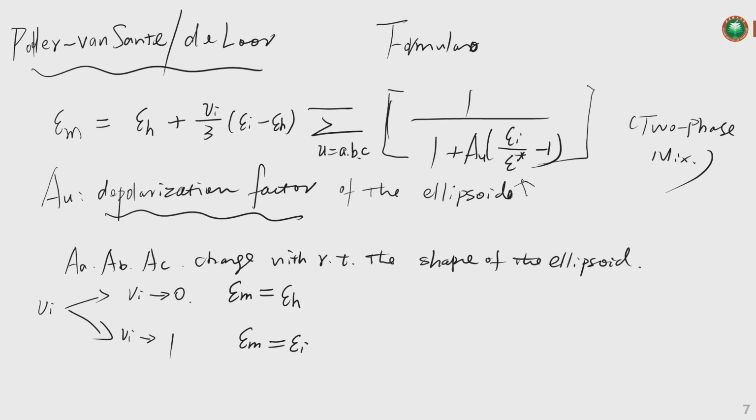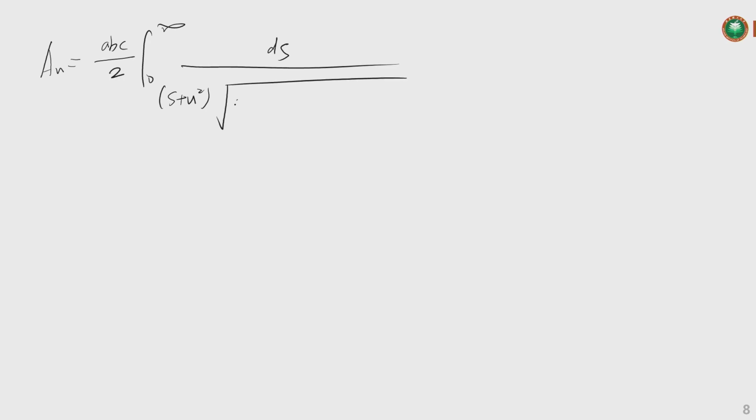So now let's come back to the depolarization factor. There is a general expression for it. It can be expressed as ABC over 2, the integration from 0 to infinity of ds over (s plus AU squared) times the square root of (s plus A squared)(s plus B squared)(s plus C squared).